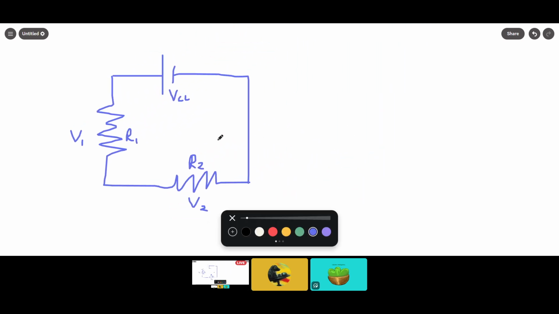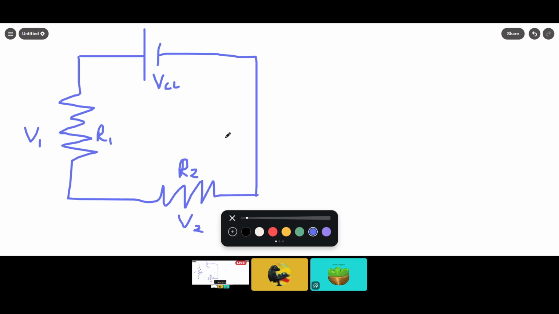KVL is a law, but I feel it's more like a process. What it does is relate components that emit and absorb voltage to each other. So I'm going to show you how to do the process.